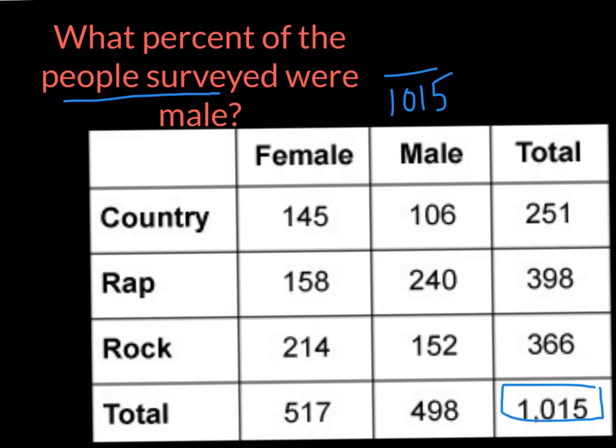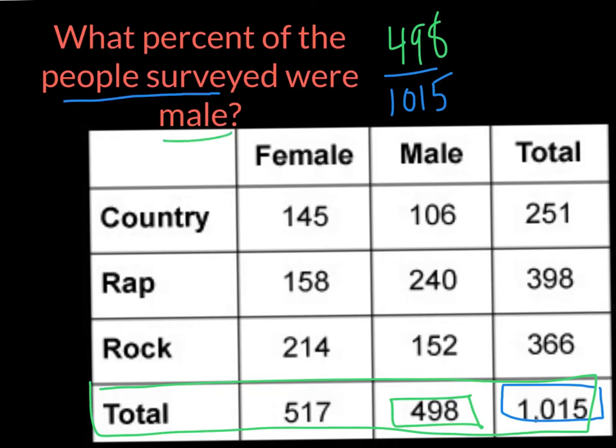And of those, how many were male? So of those total people, how many were male? 498. So we'll do part divided by whole. 498 divided by 1,015 gives me 0.49. So my final answer is 49%.